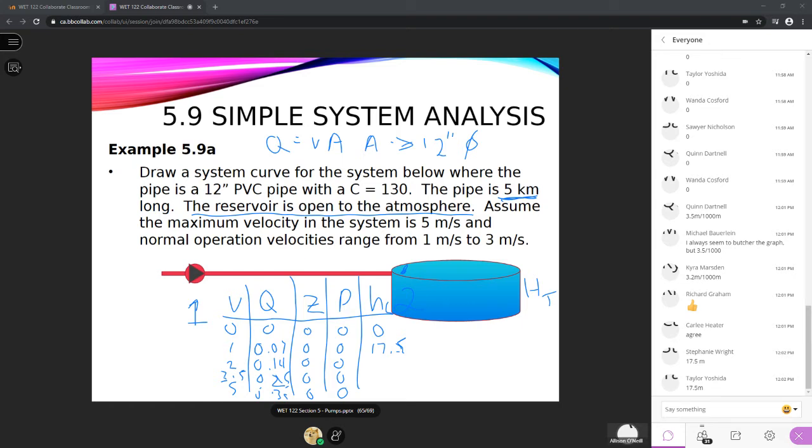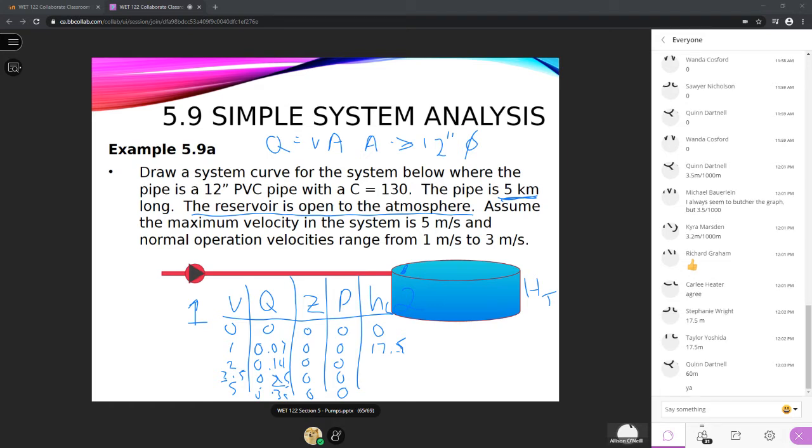If we were in class, I'd divide you up in rows and have each group do a different head loss, but it's pretty hard to divide up people that can't see. So Quinn, is that 60 meters of head loss for velocity 2? Okay, does anybody want to agree with Quinn?